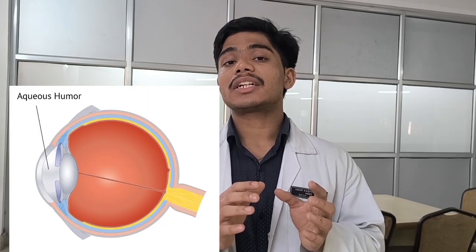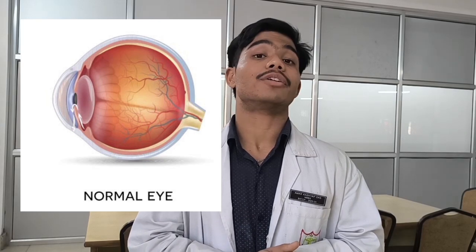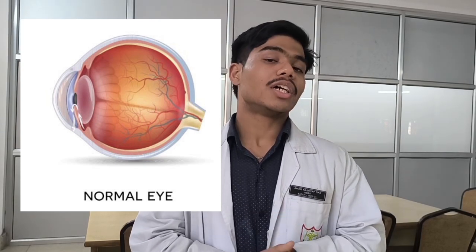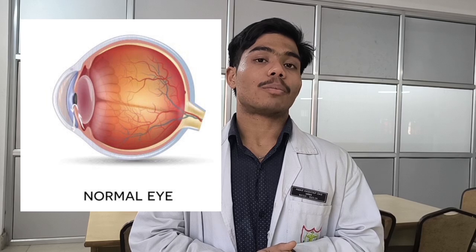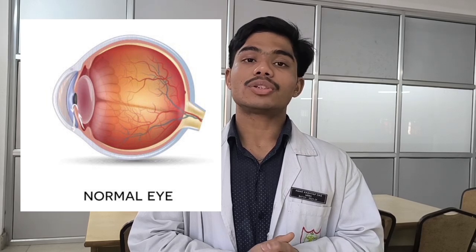Due to this, in a normal person, excess aqueous fluid does not accumulate in the aqueous humor because the drainage canal always remains open. And since excess aqueous fluid does not accumulate within the aqueous chamber, the intraocular tension or intraocular pressure of the eye also remains within the normal range, so no disease occurs. So this is a normal physiological process.